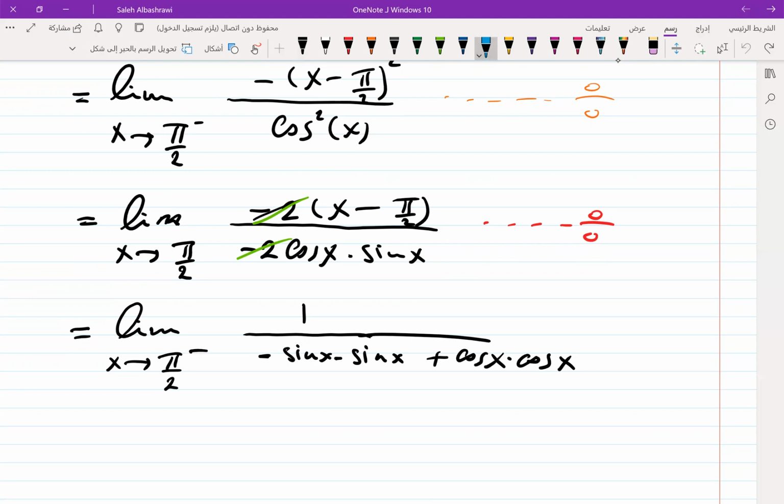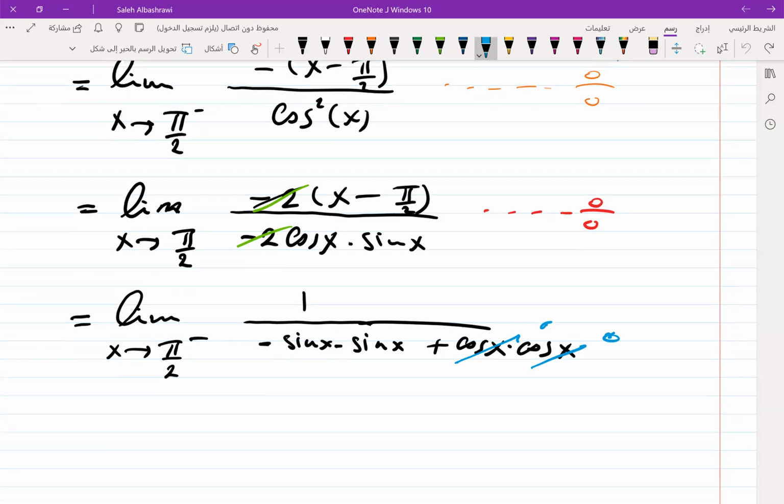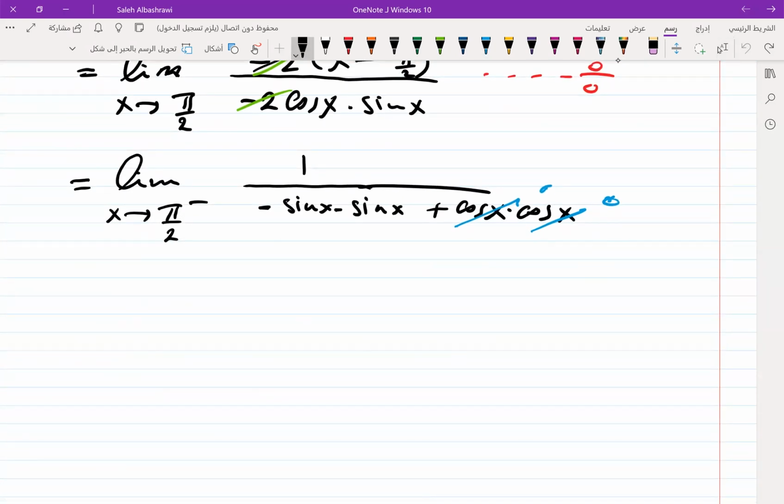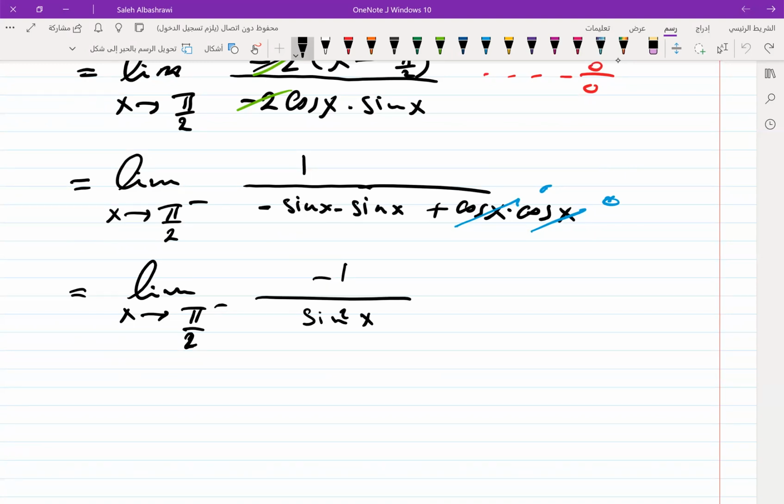But we know cosine is equal to 0 when x equals pi over 2. So this will be the limit of minus 1 divided by sine square. And sine square at pi over 2 equals 1, so this is minus 1 over 1, which is equal to minus 1.